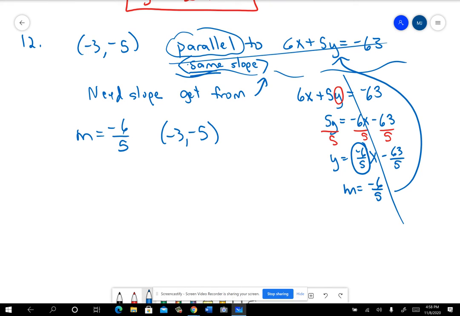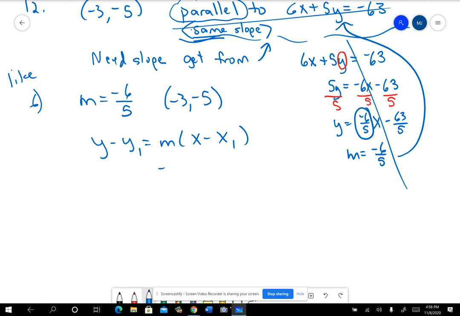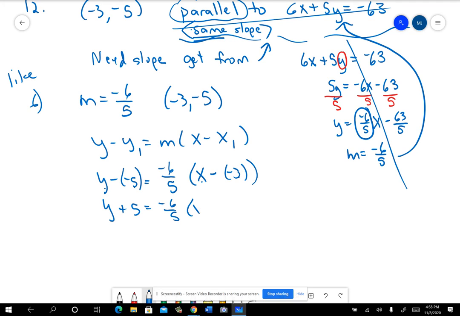You're now at a new problem that's just like number 6 again. So you're going to start over, right? Go find that point slope formula, write it down, plug in your slope, plug in your x1, plug in your y1. Make sure your x goes with your x. Make sure your y coordinate's with your y coordinate. So that's y plus 5 equals -6/5 times x plus 3.